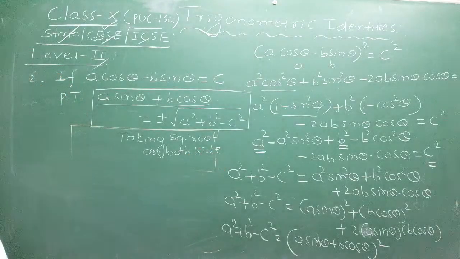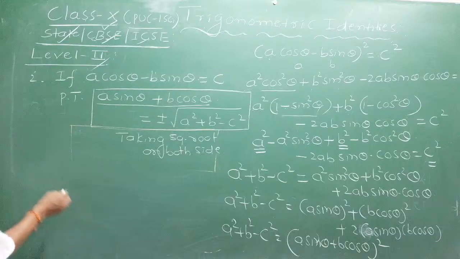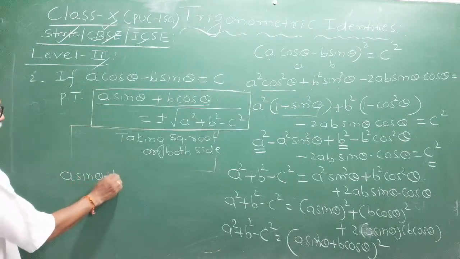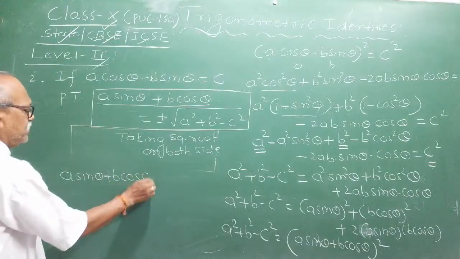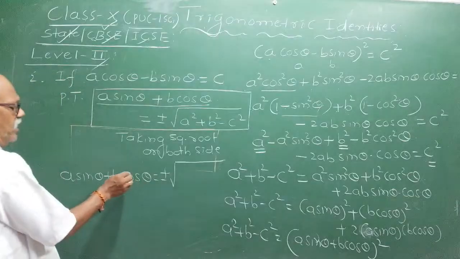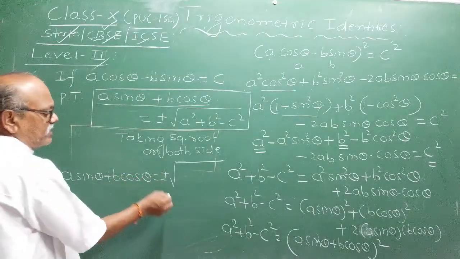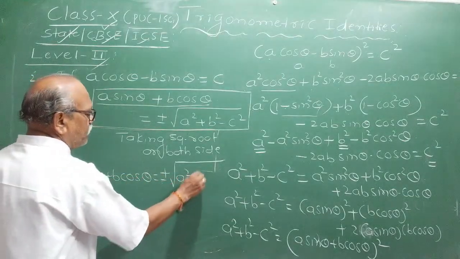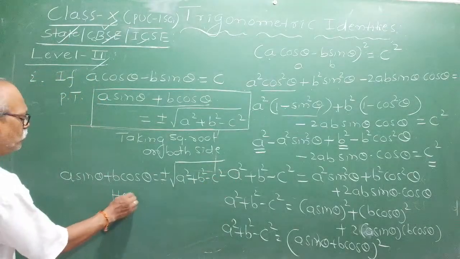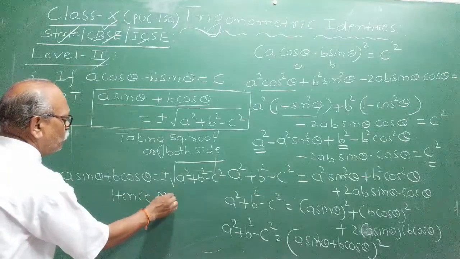You will get here a sin theta plus b cos theta is equal to, I am writing RHS first, plus or minus root of, because a square root will have two values, plus and minus, a square plus b square minus c square. Hence proved. I hope all of you understood.